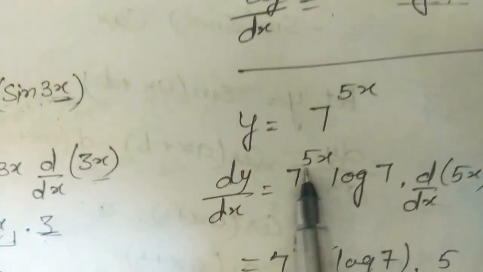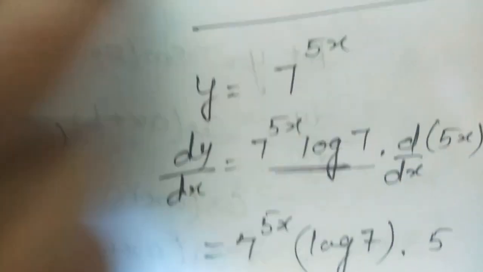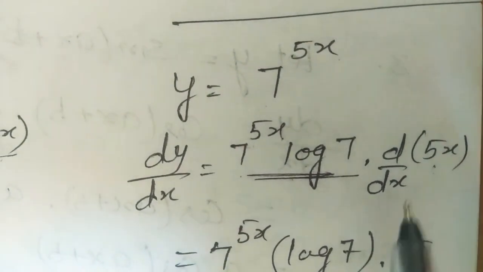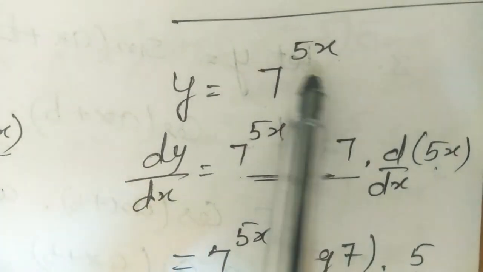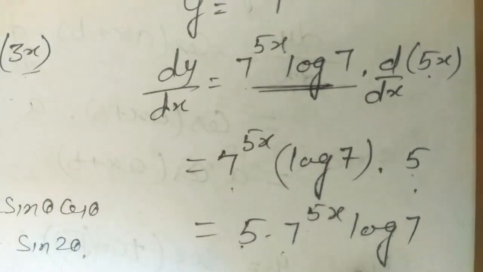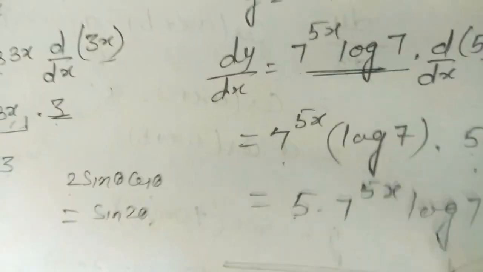It is 7 raised to power 5x into log 7 by using the same formula. And 5x derivative will be 5. We will apply the chain rule. So 5 into 7 power 5x into log 7. So this is the answer of this. We will do these formulae also in 5.4 exercise.